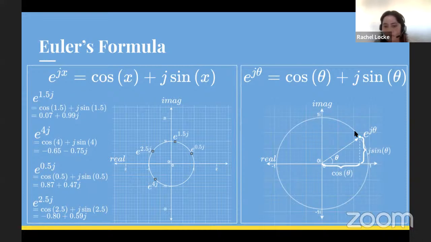And on the other side of the screen here, I've done a bit of a zoomed in plot to show what I mean. We can see from Euler's formula that the real part of the complex number is cosine theta, and the imaginary part of the complex number is j sine theta. And this whole complex number is denoted by the term e to the j theta.